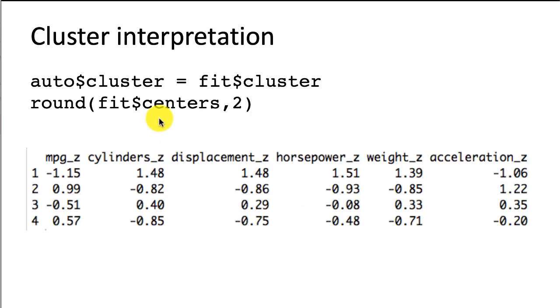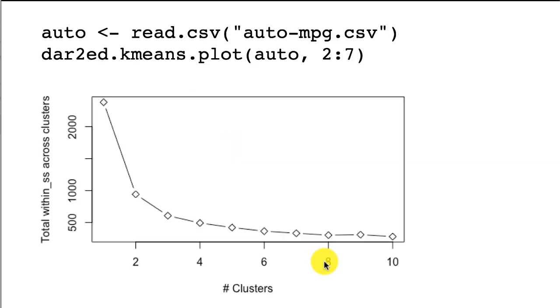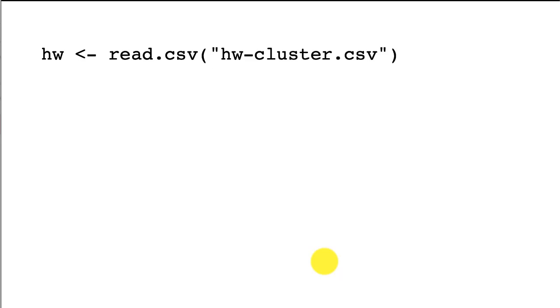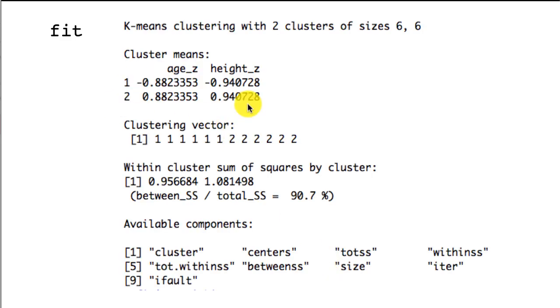Here I did auto$clusters, fit$cluster. And then fit$centers gives you the cluster centers. Remember we said here are the centers of each of the clusters. It's saying there are 2 clusters and these are the centers of the 2 clusters, meaning the center of age and center of height for the 2 clusters.